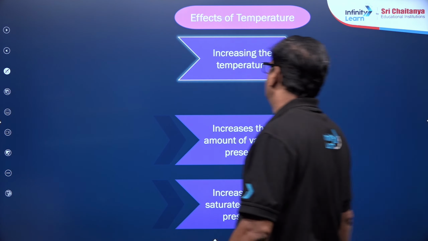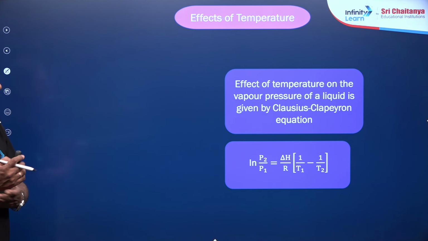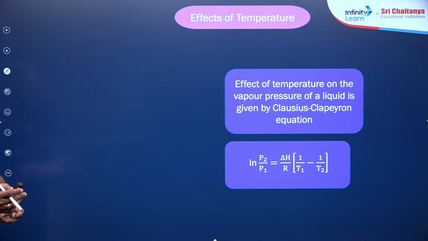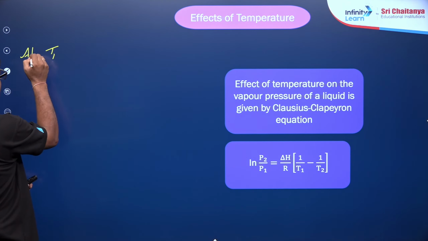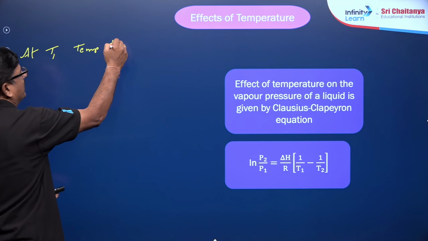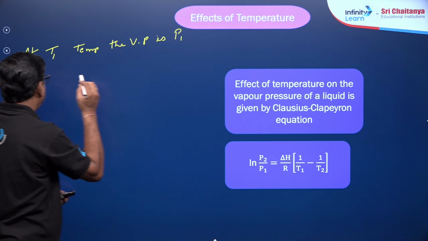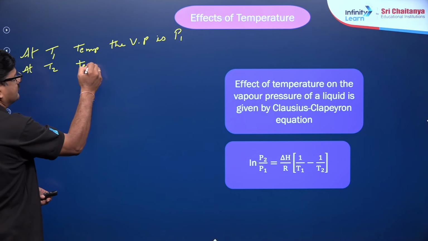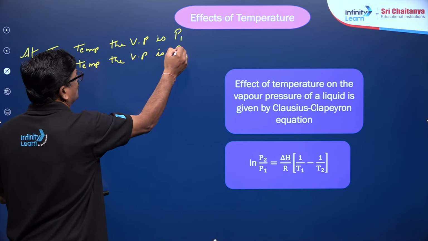Yes. So, let us talk about the effect of temperature on the vapor pressure of a liquid, which is given by the Clausius-Clapeyron equation. Let us say at T1 temperature the vapor pressure is P1, and at T2 temperature the vapor pressure is P2.